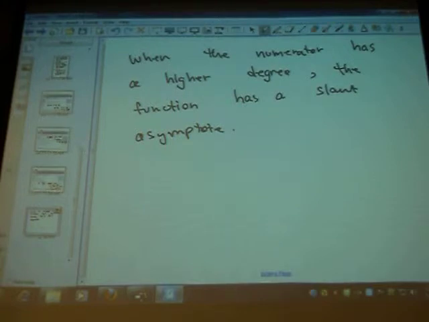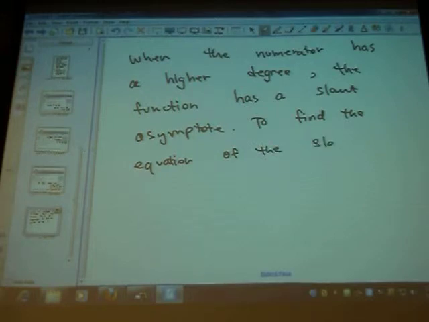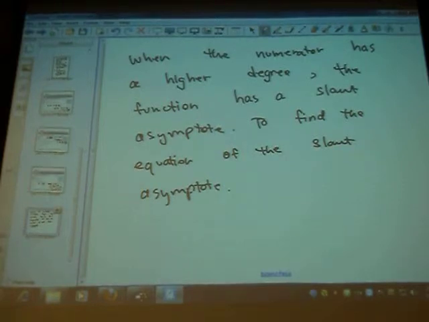To find the equation of that slant asymptote, you want to divide the numerator by the denominator.